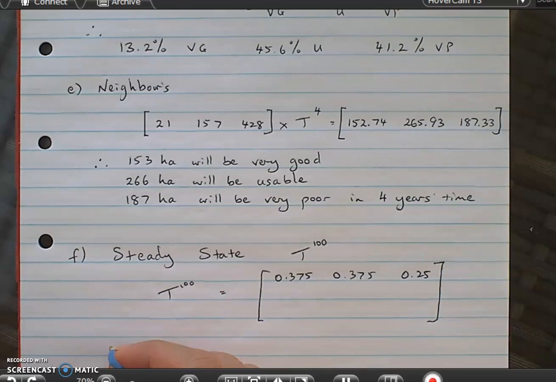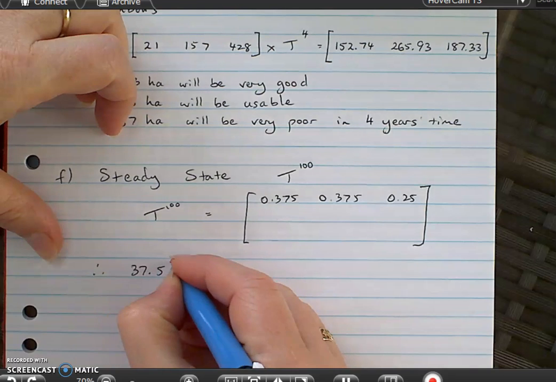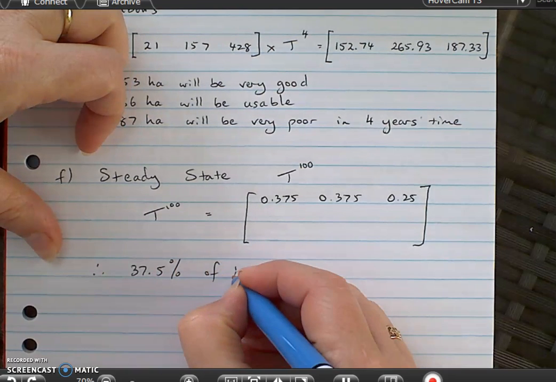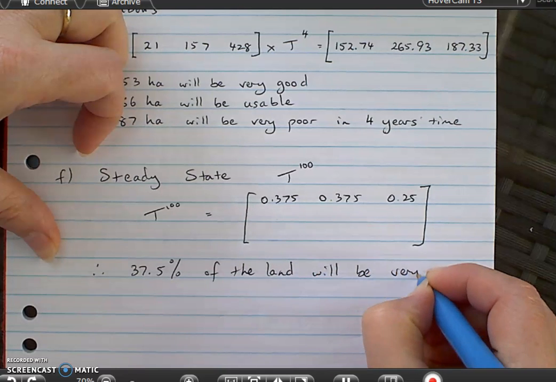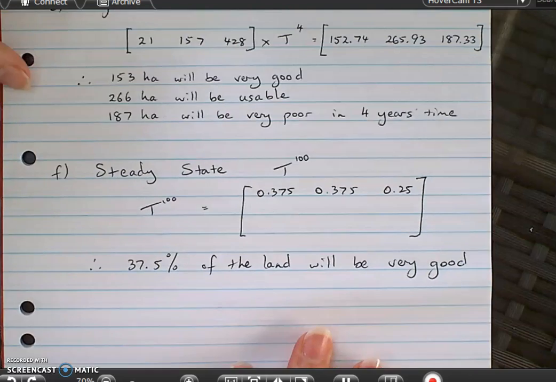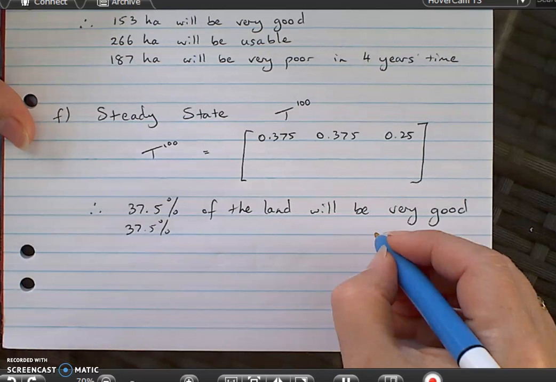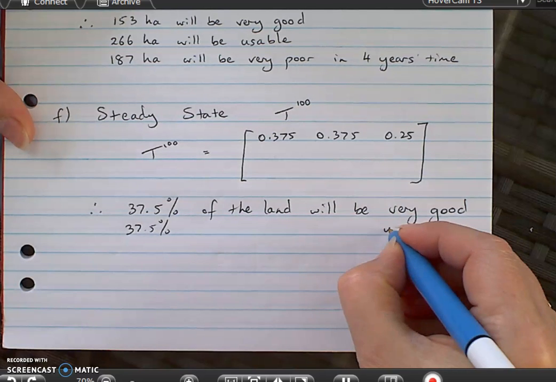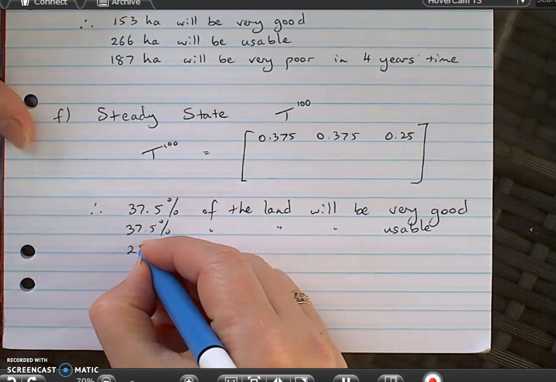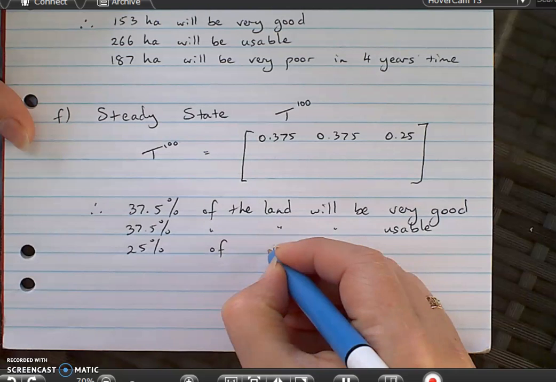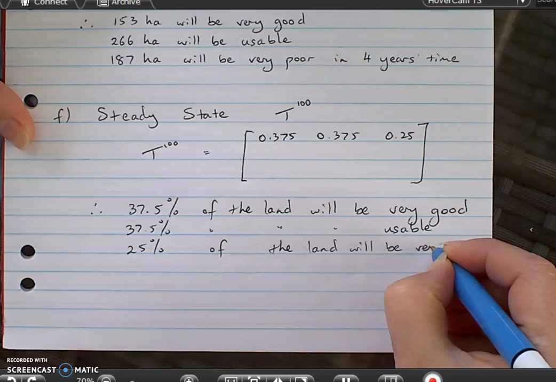So therefore 37.5% of the land will be very good. 37.5% of the land will be usable. And 25% of the land will be very poor.